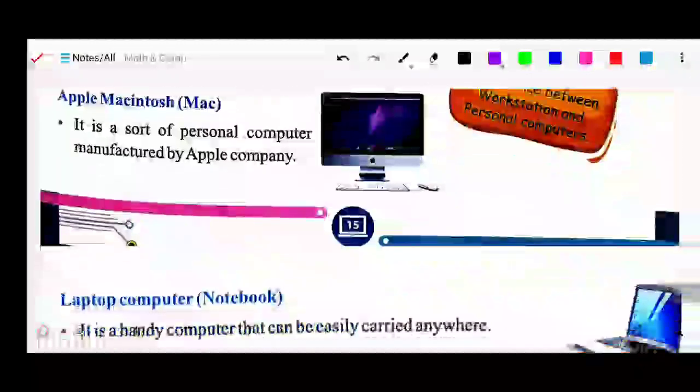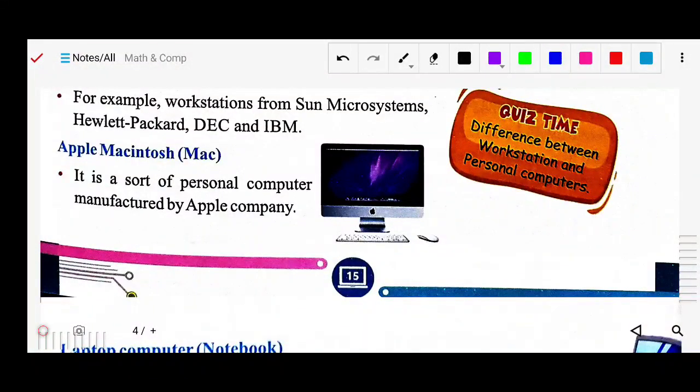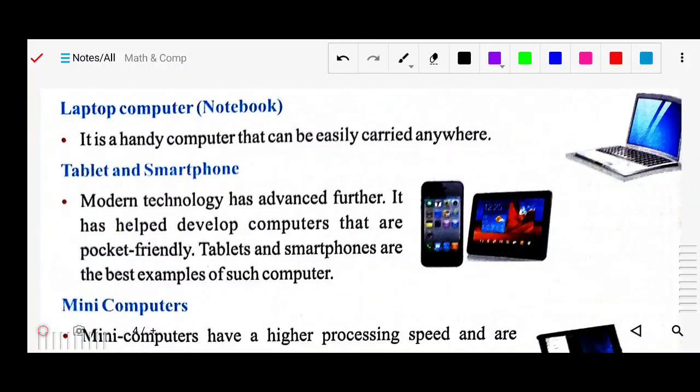Next you can see Apple Macintosh, in short we call it Mac. It is a personal computer manufactured by which company? Apple. Now next you can see the laptop, which we also call a notebook. These are all microcomputers only. Like tablet and smartphone, you can see it.